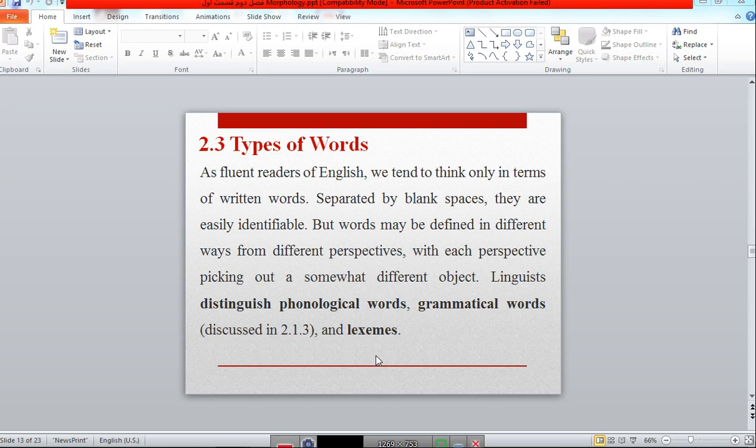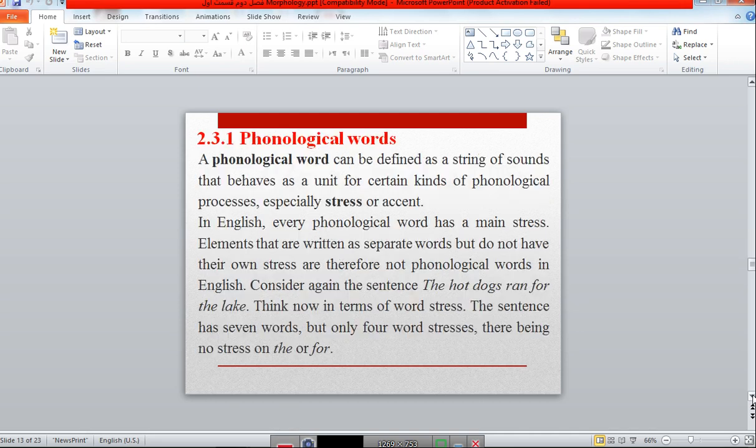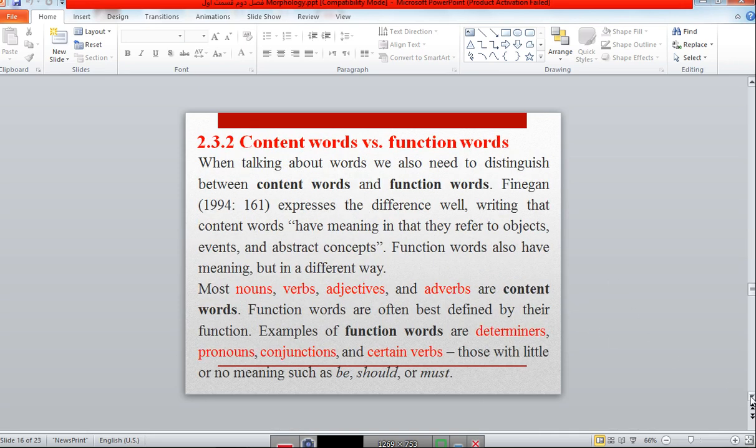As you know, in the previous session, I talked about the definition of words, the empirical test for wordhood, and the types of words. We talked about phonological words, where the main criterion to distinguish them is stress. Then I talked about content words and function words.